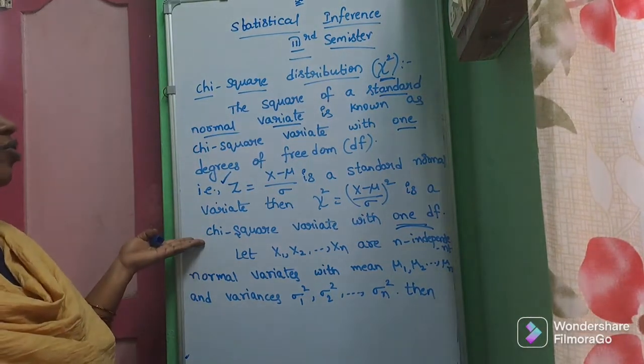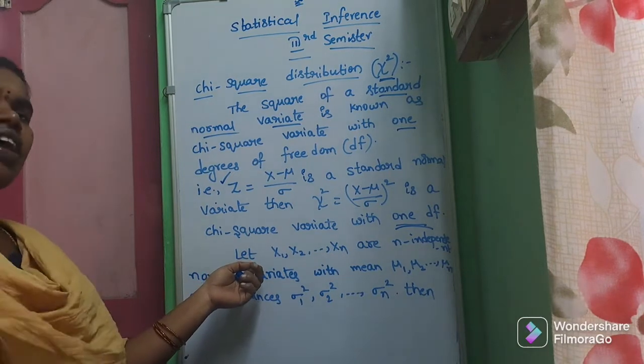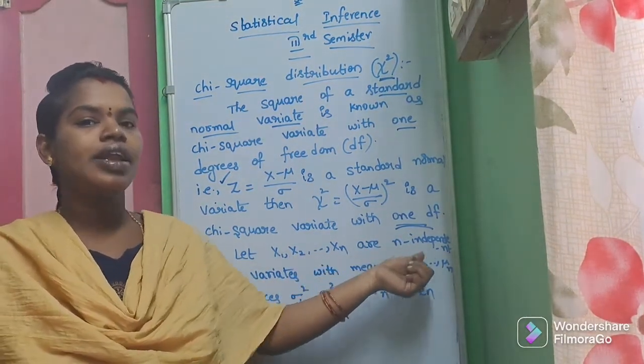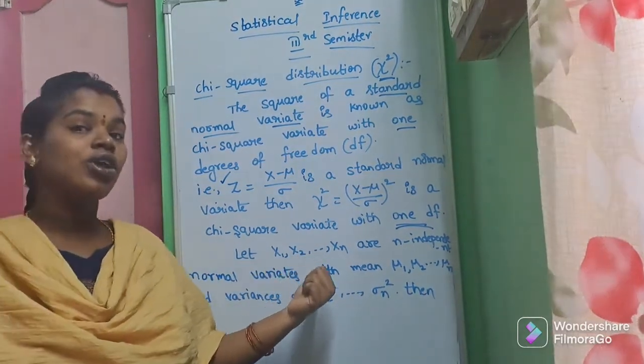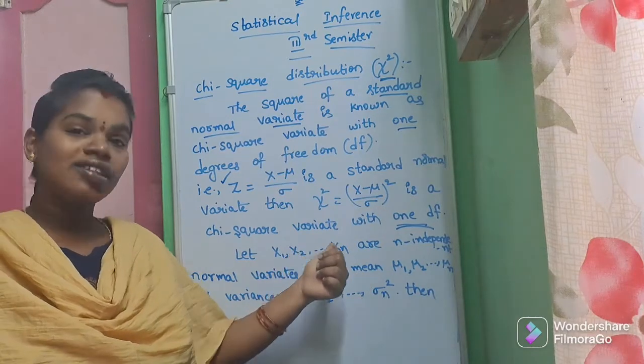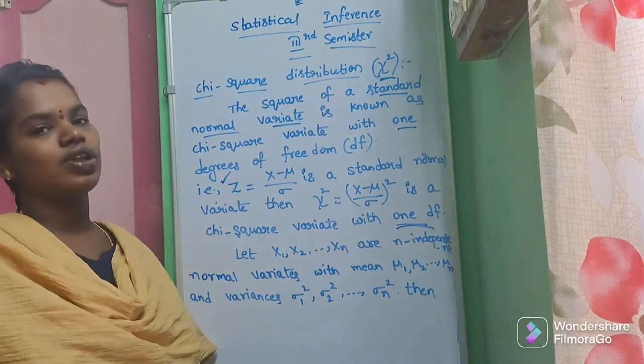If the degrees of freedom are dependent or independent, let us take n samples. Let x1, x2 and so on up to xn be n independent variates. For as many samples as we take, that many means and variances will exist.